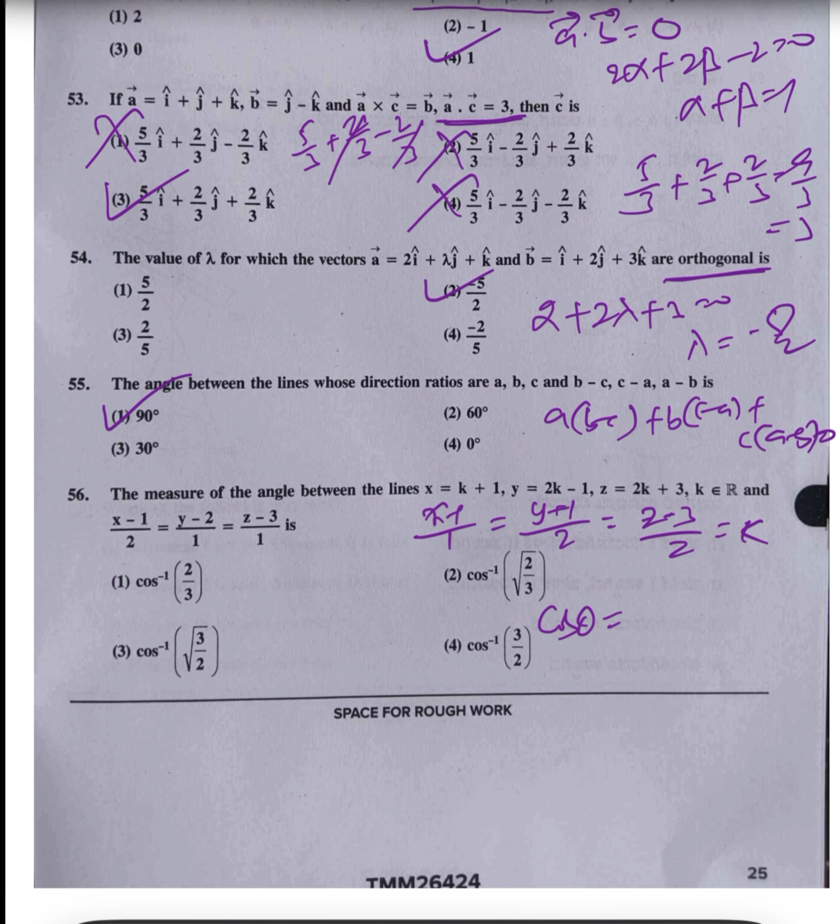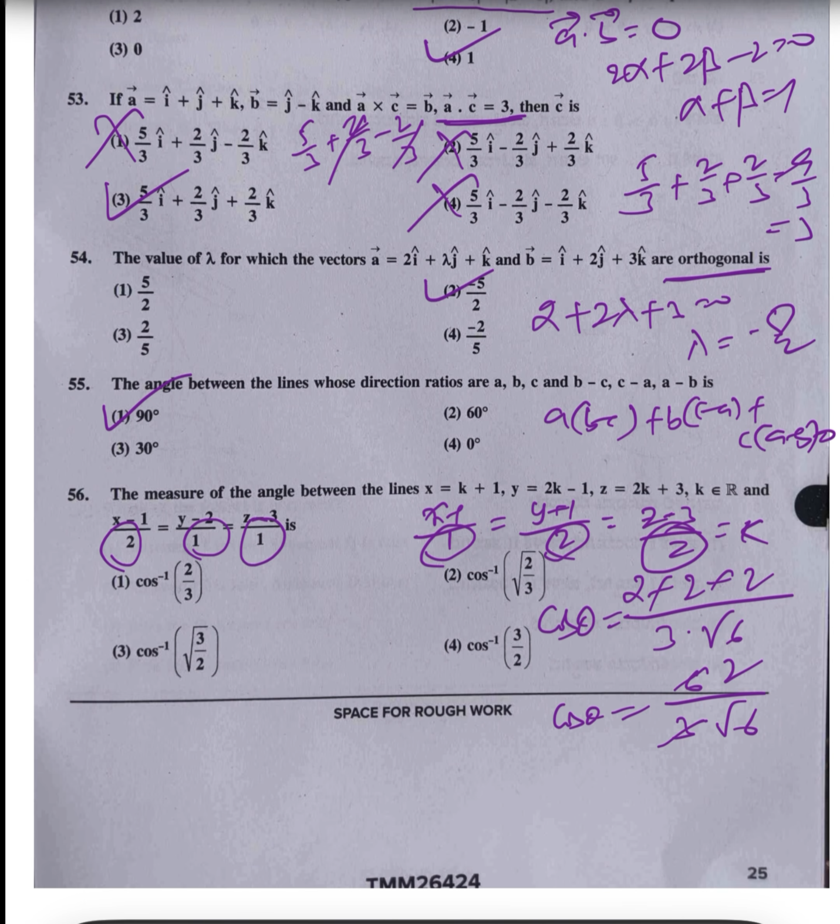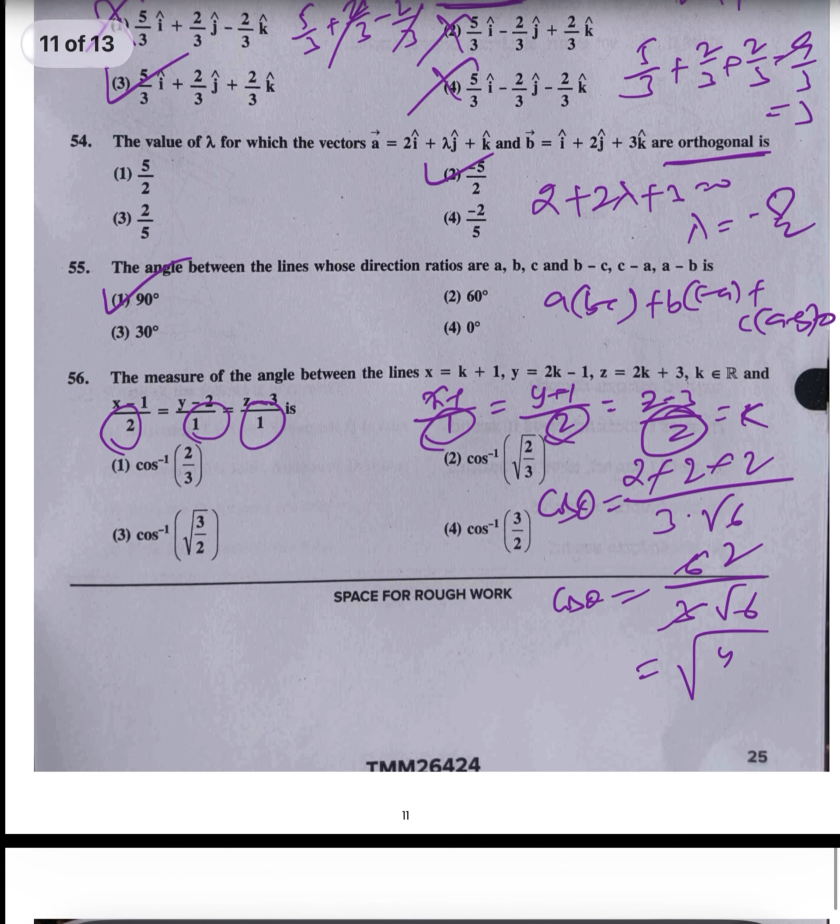Then cos theta equals a1 a2 plus b1 b2 plus c1 c2 by root of 1 plus 2 plus 2, 1 plus 4 plus 4, root 9 is 3, and this is root 6. So cos theta equals 6 by 3 root 6. Root 6 cancels, so that is root of 4 by 6, root of 2 by 3. Right.